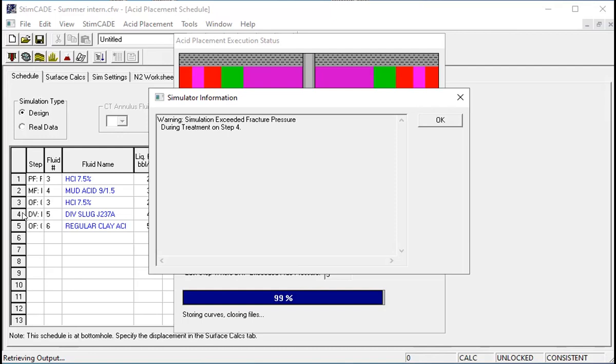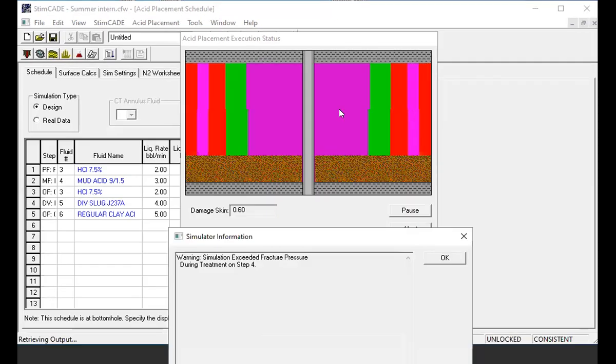If we insist on simulating right up to that stage, it will not only be acid stimulation, but we could also have some acid fracking. Acid fracking is a situation where you are pumping the acid not only to treat, but you also want to create some artificial fracture within the reservoir. So this is telling us that at stage 4, we may have acid fracking.